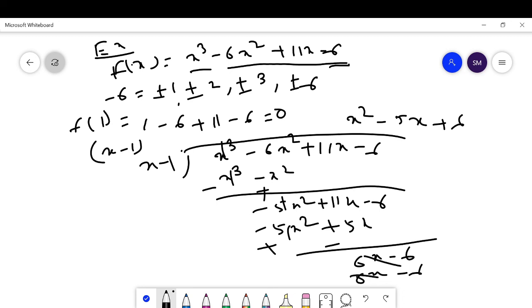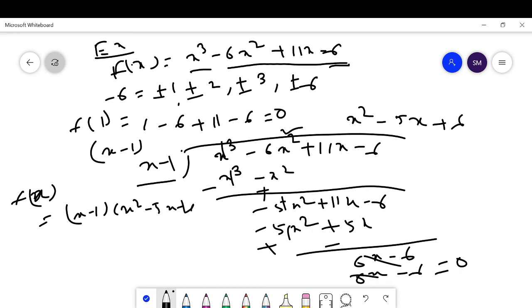Then we get remainder 0. By the division algorithm, f(x) is equal to x minus 1 into x square minus 5x plus 6.